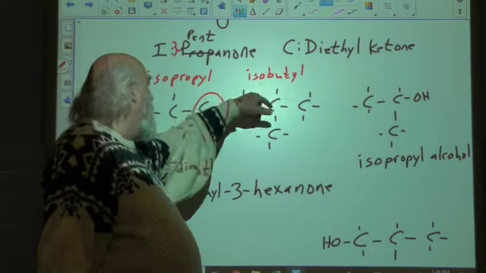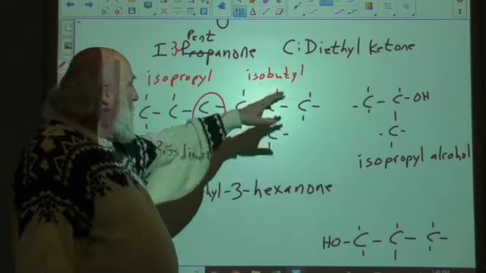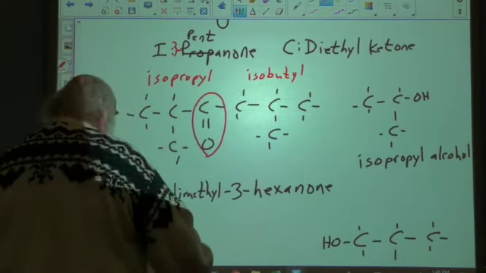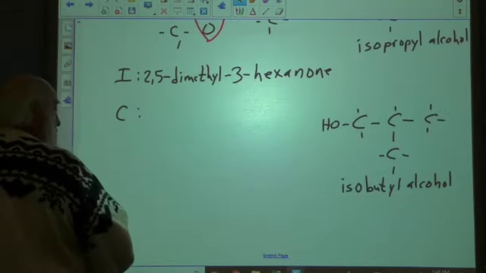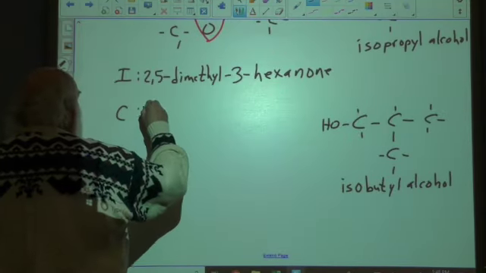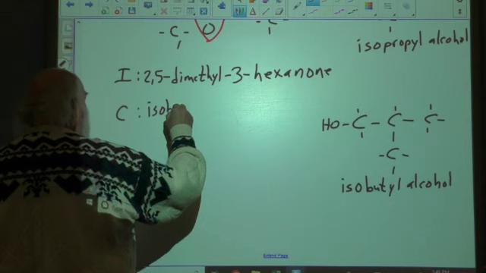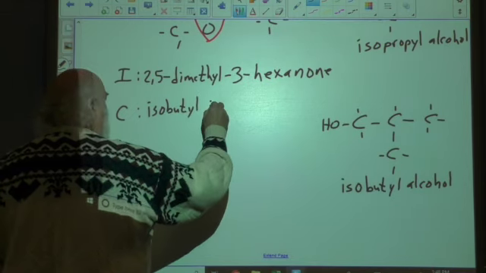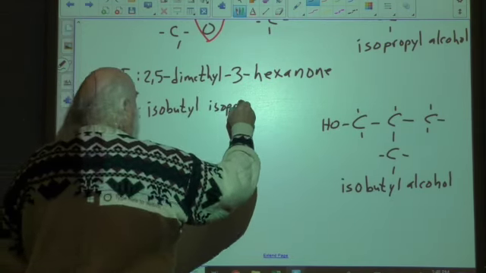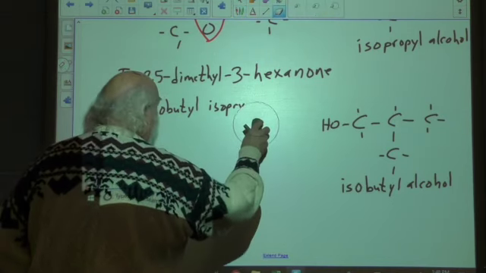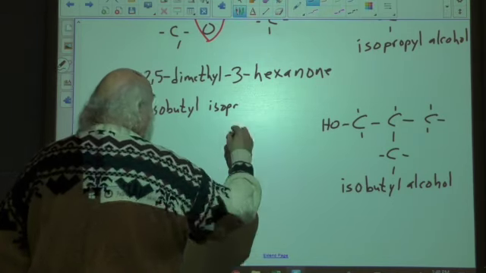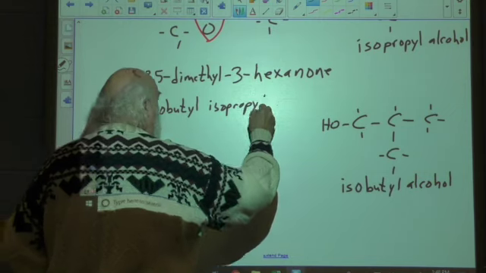Ignore them, just look at the butyl and the propyl, and the butyl would have to go first. So the name of this compound is isobutyl isopropyl ketone.